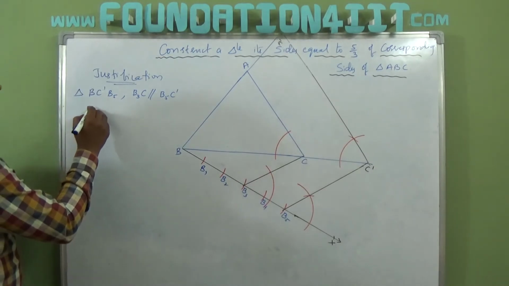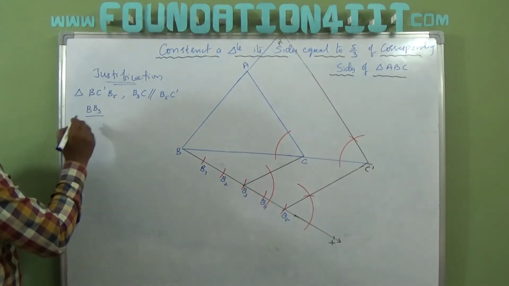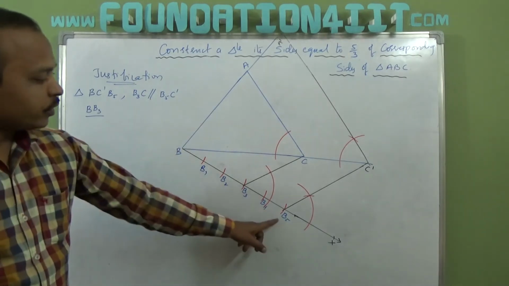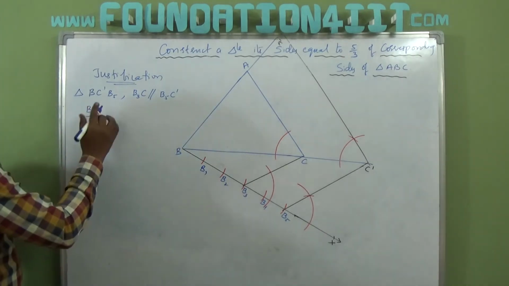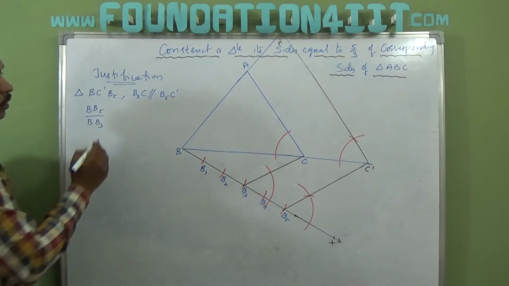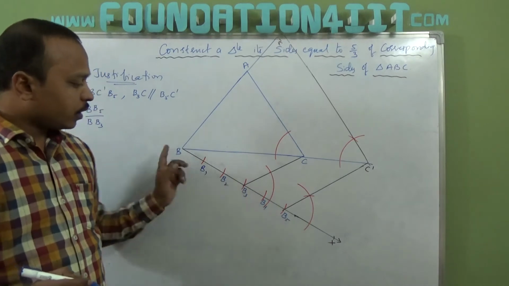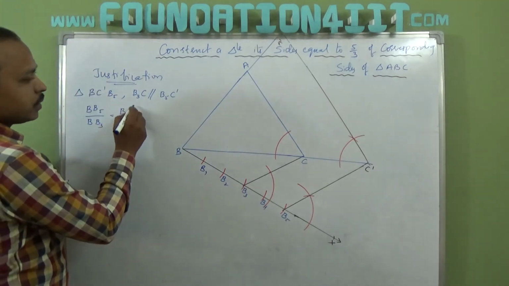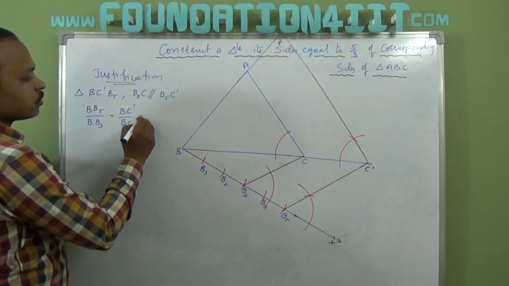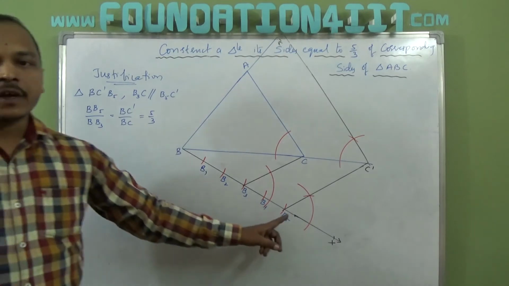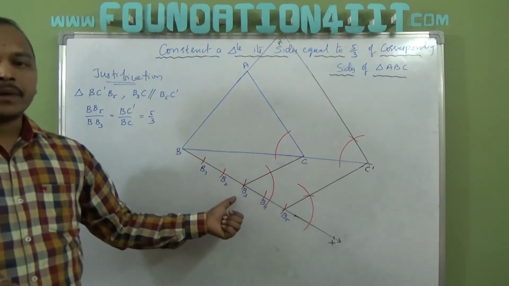That means we can write BB5 by BB3 is exactly equal to BC dash by BC. So that is equal to 5 by 3, because B to B5 is 5 parts and B to B3 is 3 parts. So 5 by 3.